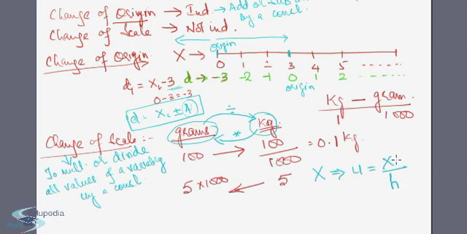If you recall, in the step deviation method we used to write it as x minus a, which is the change of origin, and then the change of scale by dividing it by the common value h. So now we'll be using these two, and using these two, let's derive the formula for variance.